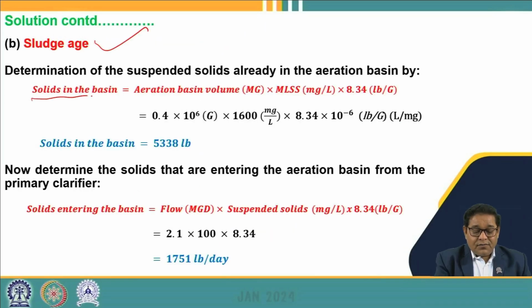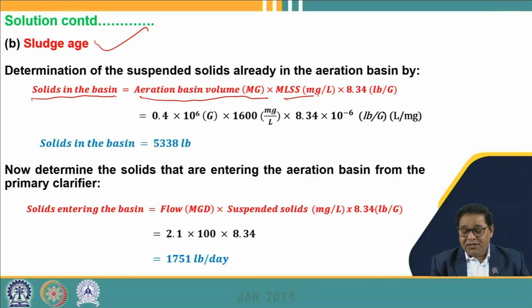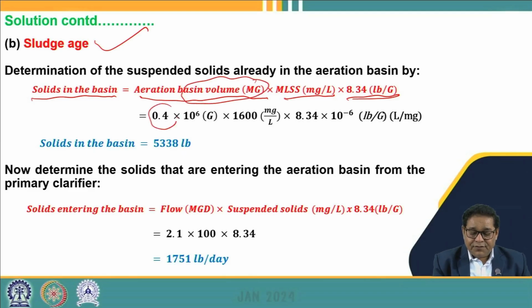Then, for determination of the sludge age, we first have to determine the total solids present in the basin, which is equal to aeration basin volume multiplied by MLSS and by 8.34, the conversion factor for calculating the solids in terms of pounds. The aeration basin volume is given as 0.4 million gallon, and million is converted into gallon by multiplying by 10 raised to the power 6.